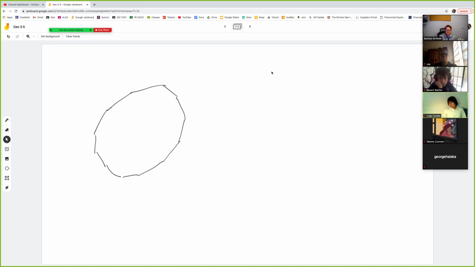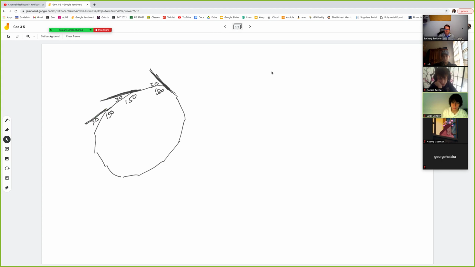Now, these are all supposed to be even, but if we said each one is 150 degrees, the exterior angle, each one would be 30 degrees if it was perfectly even. Each one would be 30 degrees. Why is that?